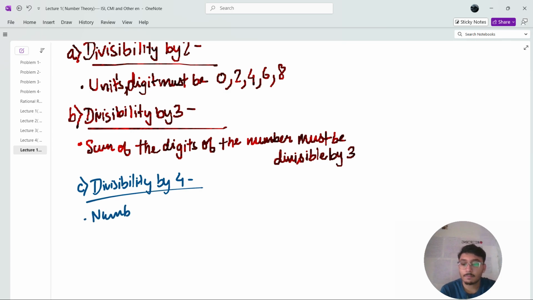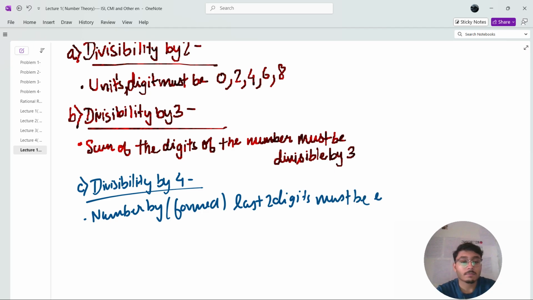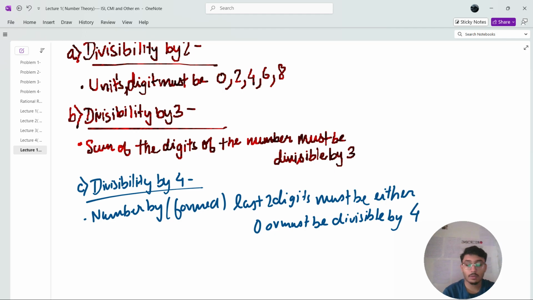Number formed by the last two digits must be either 00, or must be divisible by 4 fully.